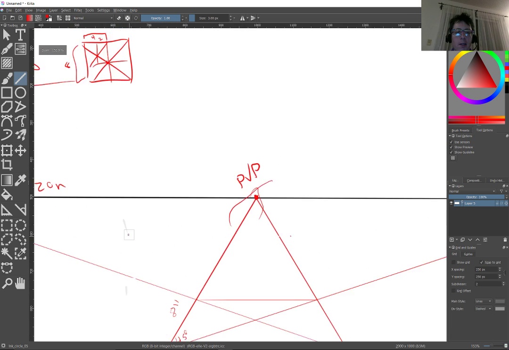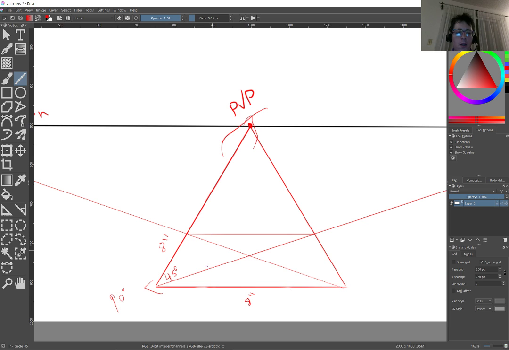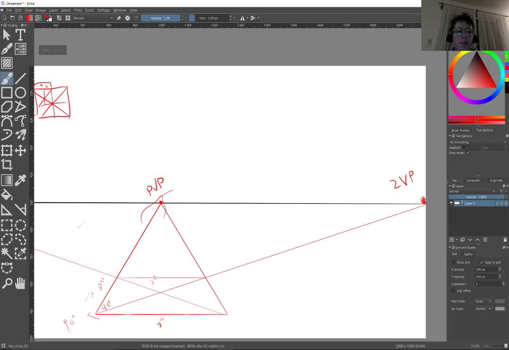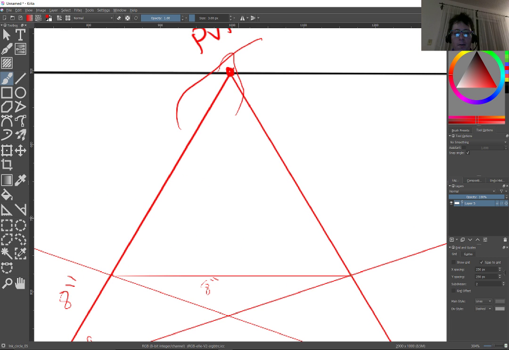And what's great about this is, guess what? Based on how perspective works, this line is actually the same length as this one. Eight inches. Which means that we can actually do this whole process over.